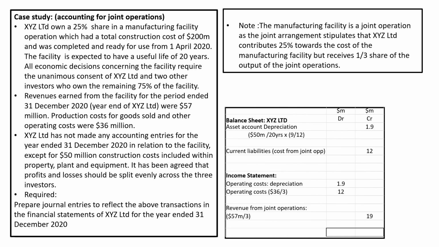The next one is the revenue from joint operations. The total of that is 57 million, and XYZ's share of 1/3 gives us 19 million. Again, this has not been received, and it will show up as a current asset in XYZ Limited of 19 million. And that's how we do the journal entries.